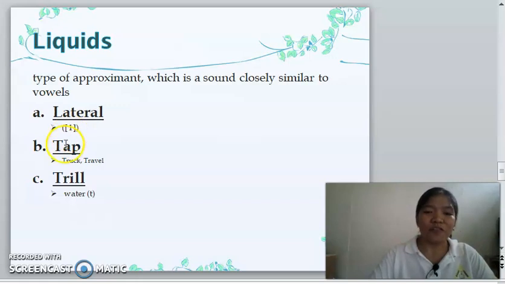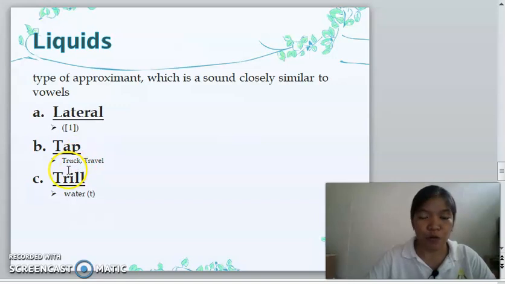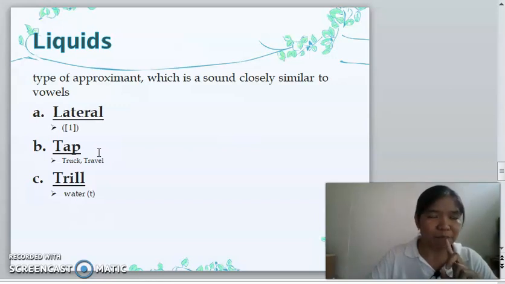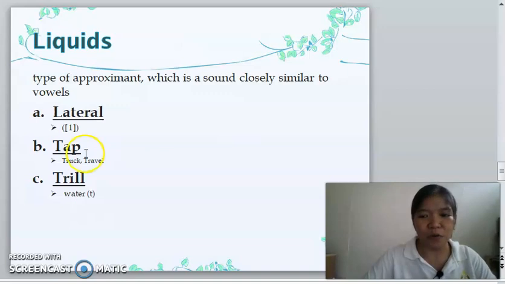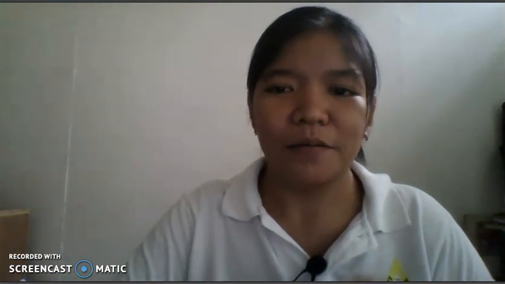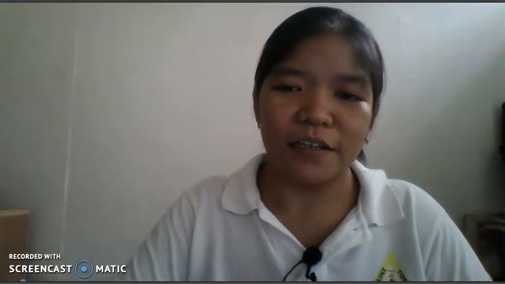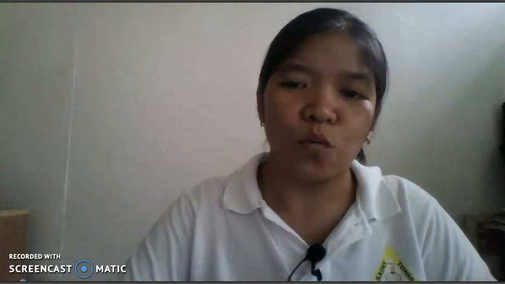L. For top, in some languages, we pronounce this word as tap. So, the R here is a tap, since there is a repetition of the R sound, with the tongue at the alveolar ridge. For example, produce the sound like this. That's the tap. But for trill, for example, the word water.